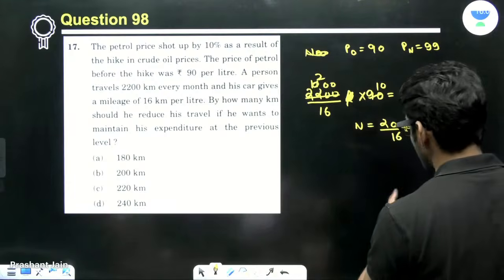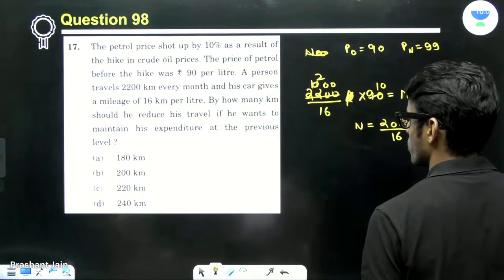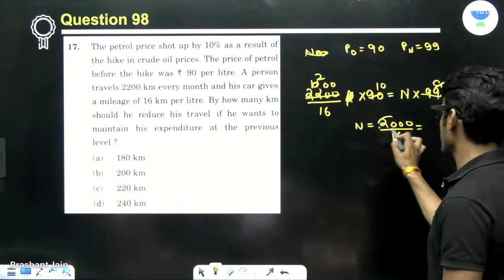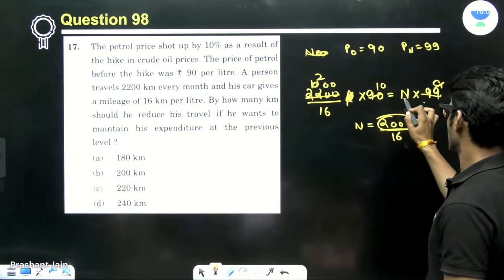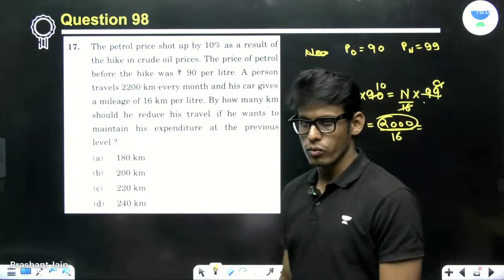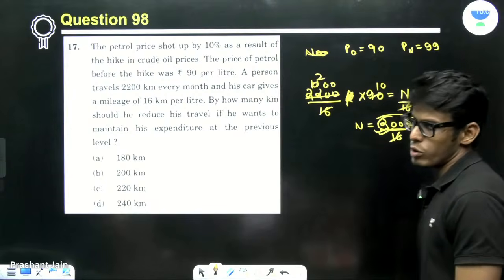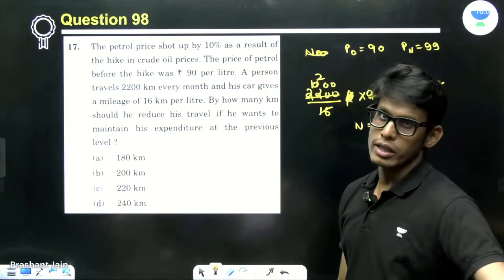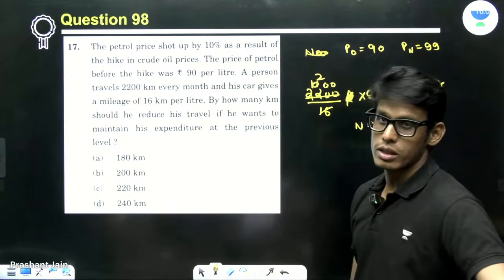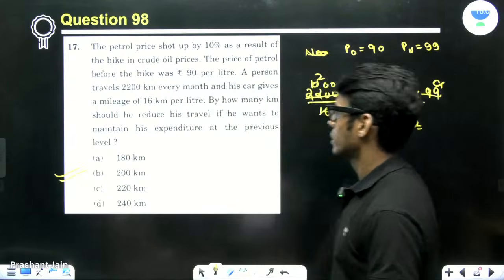This is the new liters which he is consuming. 16 and 16 will get cancelled, because the mileage will not improve. So he will have to travel 2000 kilometers.